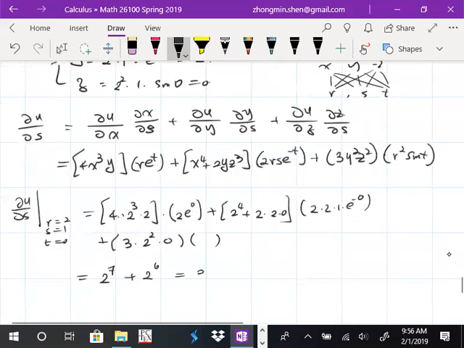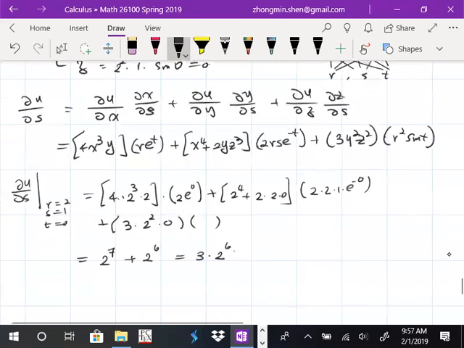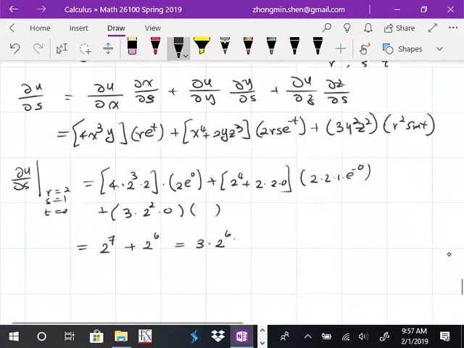So you can simply write it like this. So this is about the chain rule.